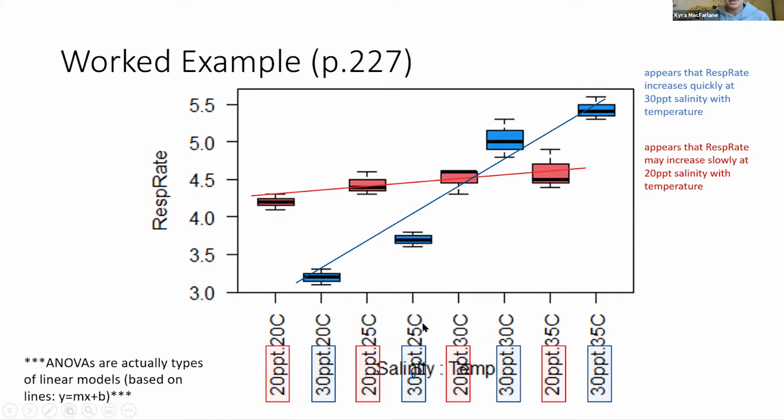At higher temperatures, respiration rate is higher at 30 parts per thousand compared to 20 parts per thousand. So that's how you would break down an interaction like this.